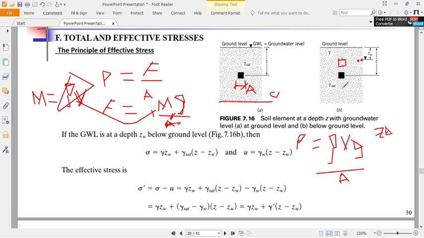So therefore, pressure P is equal to ZW times the unit weight.